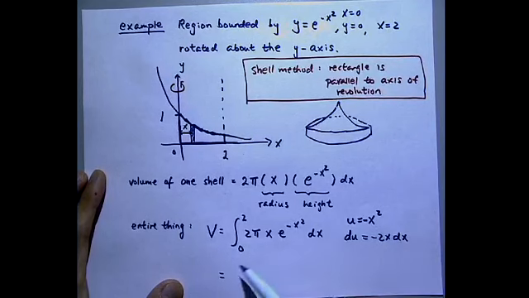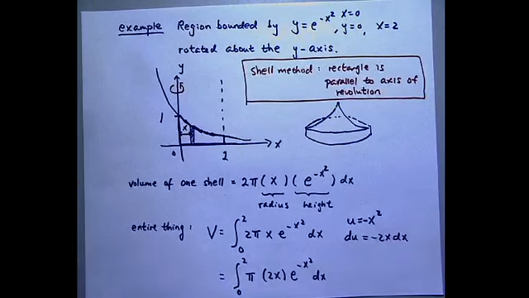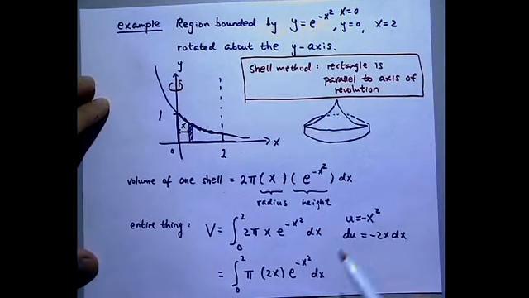All right, so let's see what this turned into. Let's leave the pi out here. And here's my 2x e to the minus x squared. I'm just regrouping things a little bit. So this guy turns into e to the u.